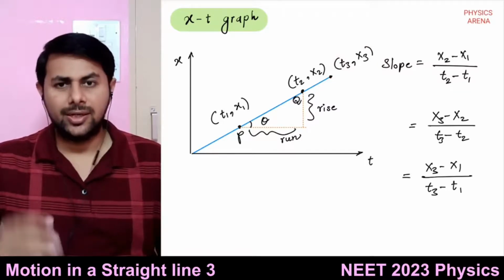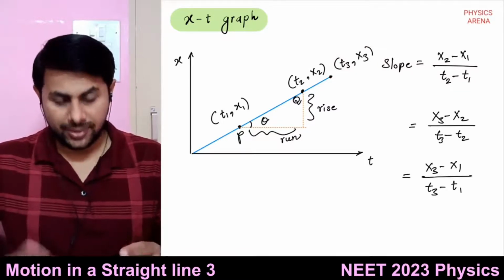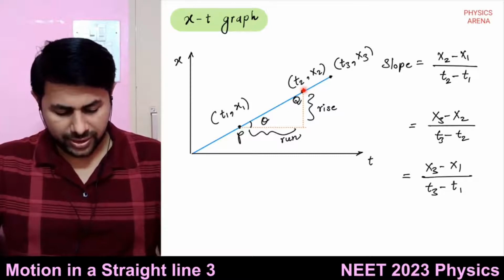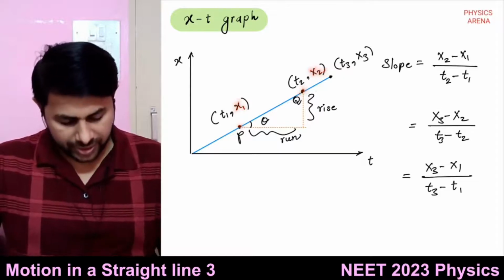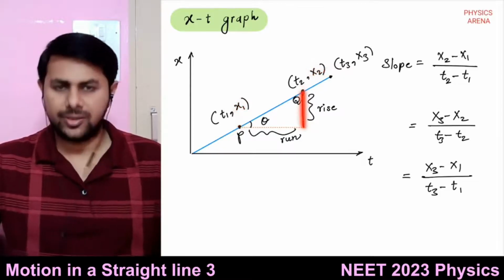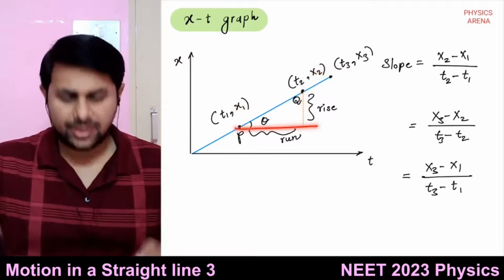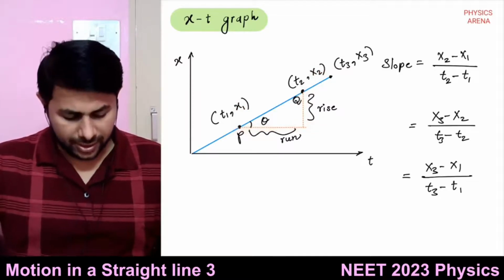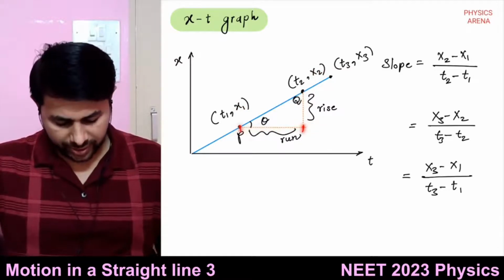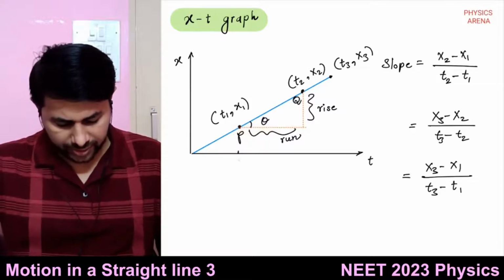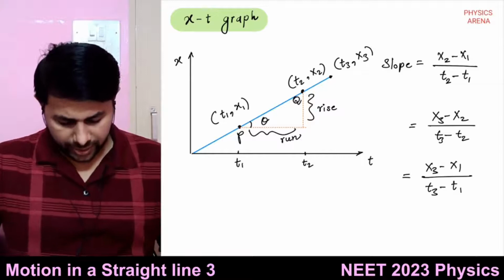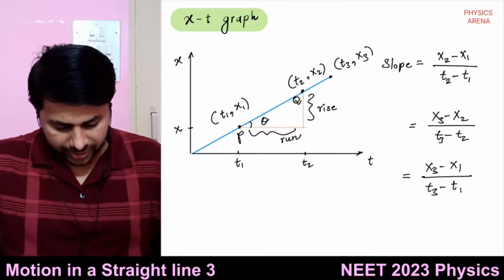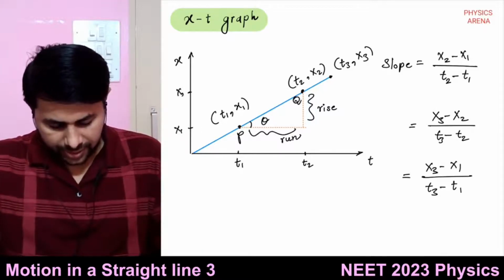It is the change in vertical coordinate. If I consider these two points, it is x2 minus x1, which is this much distance, divided by t2 minus t1. This is t1 and this is t2, and this is x1, this is x2.